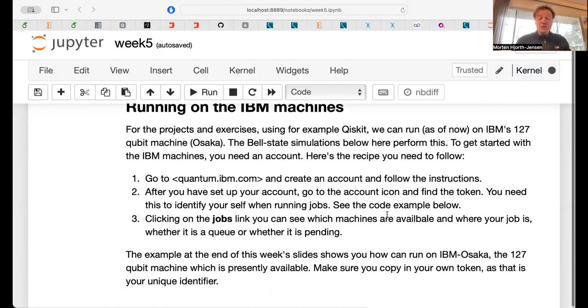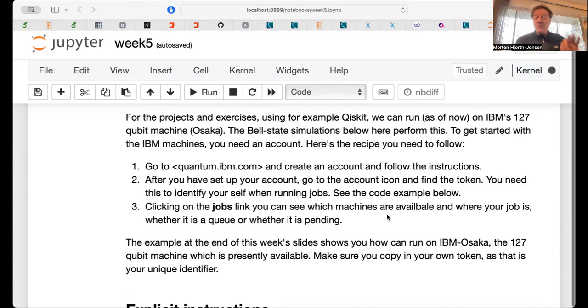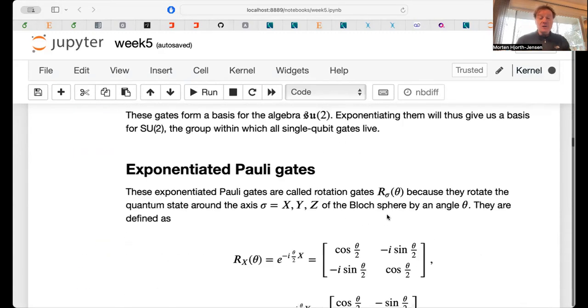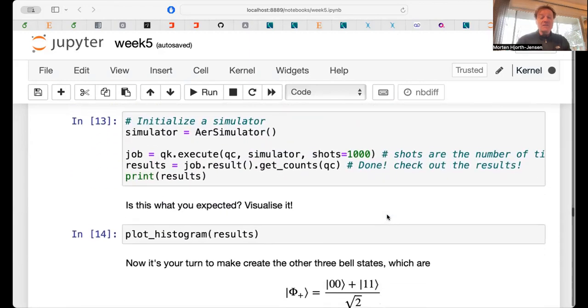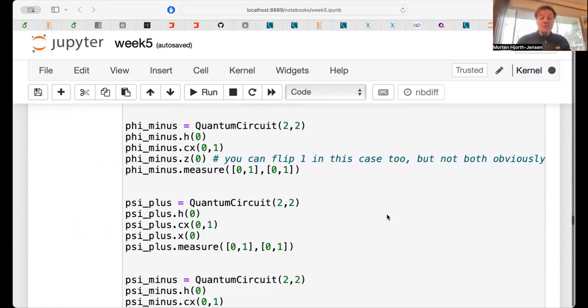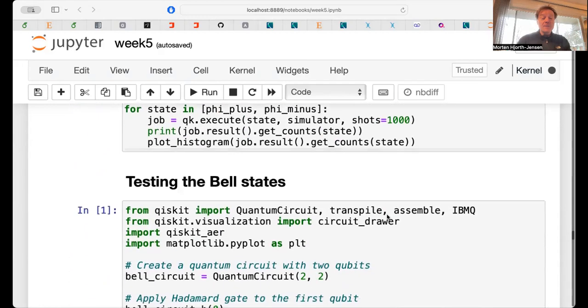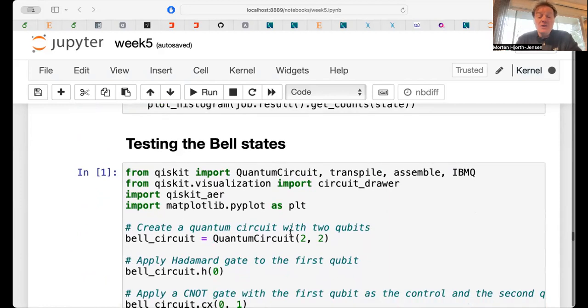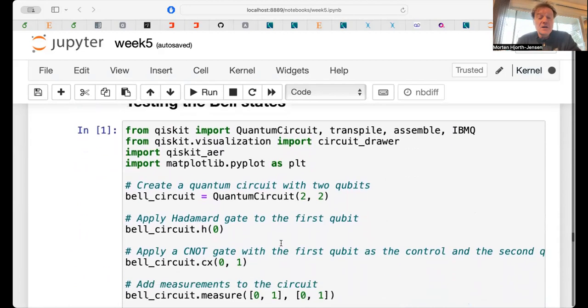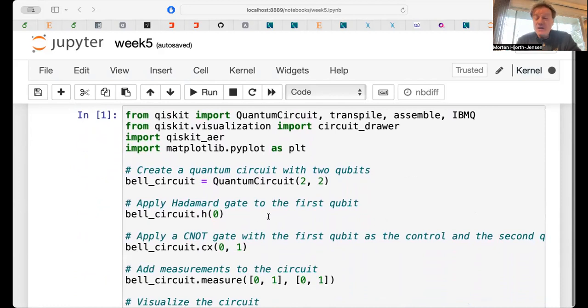But I wanted to show you, if we now scroll down to the very end of the slides this week. After the exercises which Karen has set up, you will find this header, testing the Bell states. The first code here sets up a circuit with 2 qubits, and you would define it like this. Then you apply the Hadamard gate to the first qubit, indicated with 0.